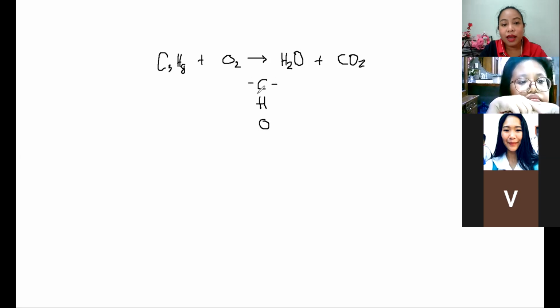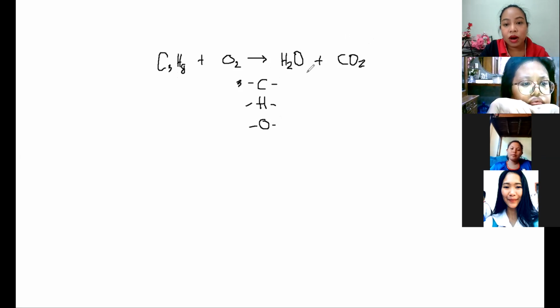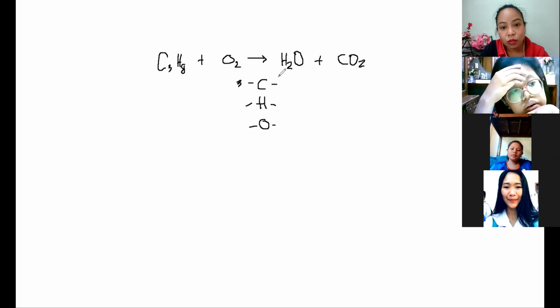Now, step number 3, we count the number of atoms on the reactant side and on the product side. How many carbon atoms are there in the reactant side? 3. How about on the product side? 1. How about hydrogen?